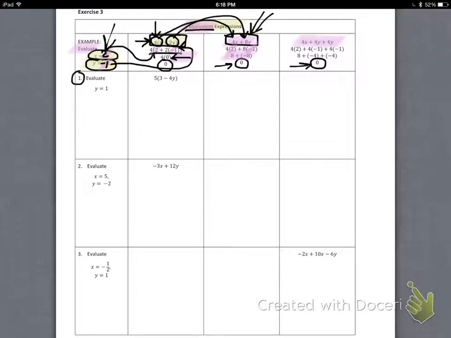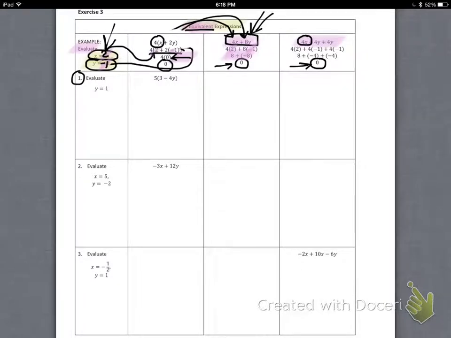Now the third one has you doing something else. This initial expression, I'm going to erase this just because it looks kind of messy now. We have 4x right here, so they put that right there, okay?